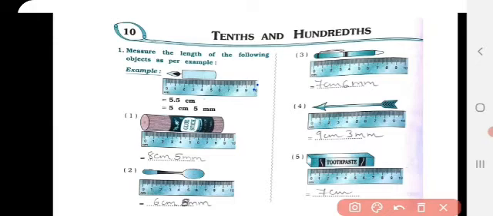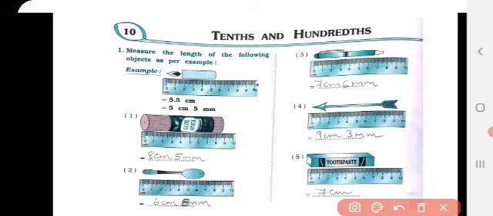Between 8 and 9 we have 10 divisions, so half of 10 will be 5, but it will be 0.5, that is decimal. After the decimal we have the number 5. So full 8, it covers 8 and then also it extends in length. So 8 centimeter will be full and 0.5, that is 8.5 centimeter you can write, or 8 centimeter 5 millimeter, that is 5 mm.